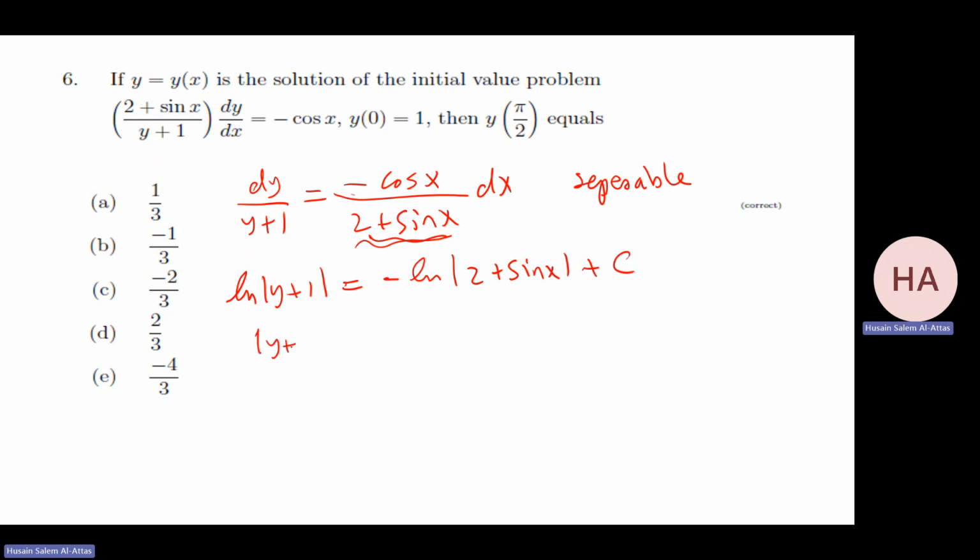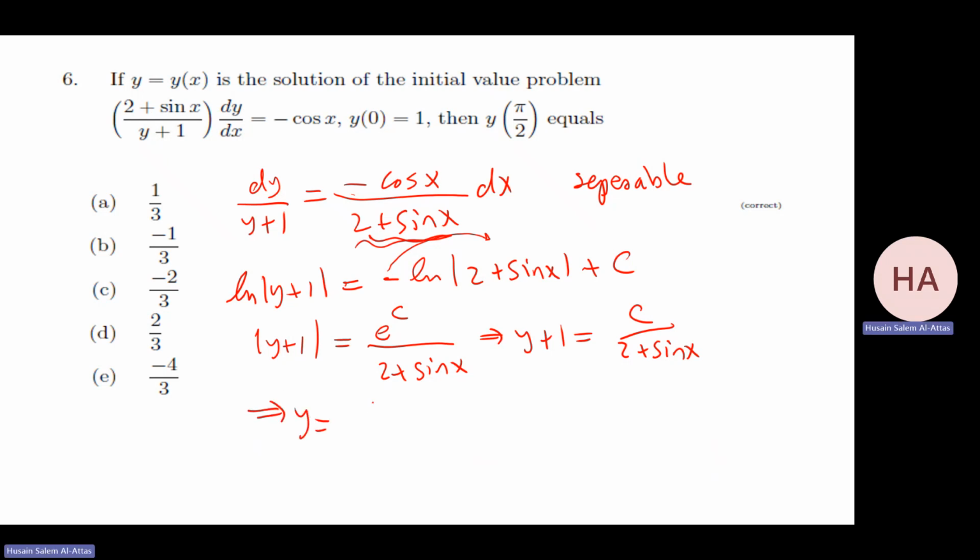I have |y plus 1| equals e^c over 2 plus sin x. So I have y plus 1, do this trick plus or minus, equals c over 2 plus sin x. I want y, so y equals c over 2 plus sin x minus 1.